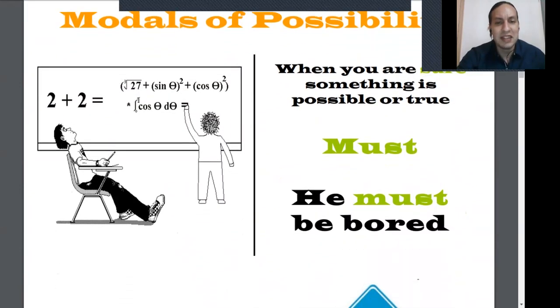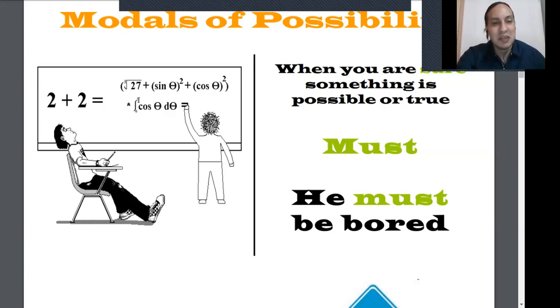He must be bored. I bet you thought the sentence was going to be difficult, right? You saw the guy writing stuff on the board. You thought maybe you had to write something about the board and the guy writing, but it was not that difficult. Sometimes simple is the way to go.